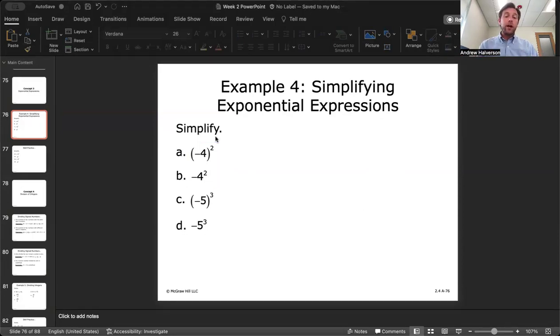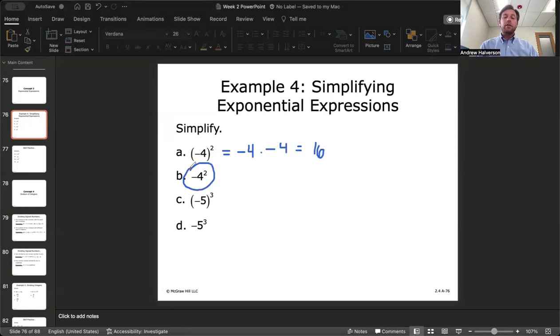In this first one here for A, because there's a set of parentheses and the exponent is on the outside of those parentheses, it means that this exponent of 2 is raising the 2nd power of everything inside. So you want 2 copies of that negative 4, so it becomes negative 4 times negative 4, okay? And that gives us positive 16.